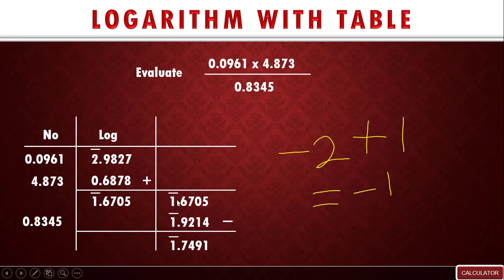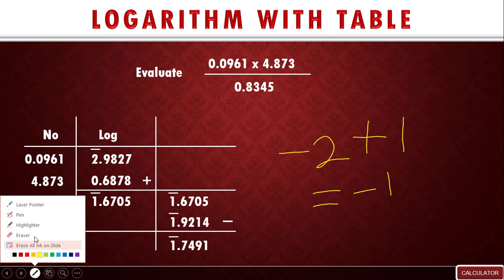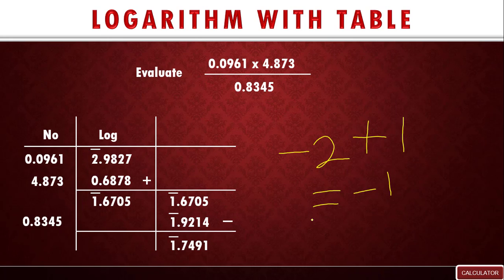Okay, so don't be confused right now. We have bar 1 here, which means minus 1, and we also borrowed 1 from here. So let's try to break that down. We have minus 1, which is bar 1, and then we borrowed 1 from it.